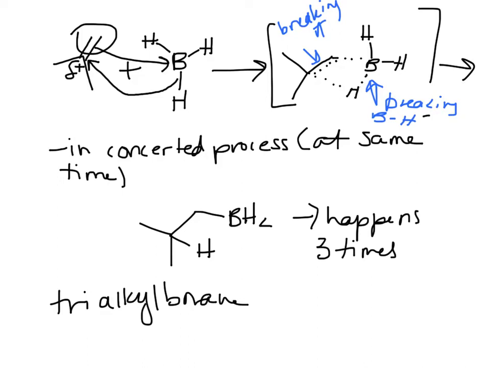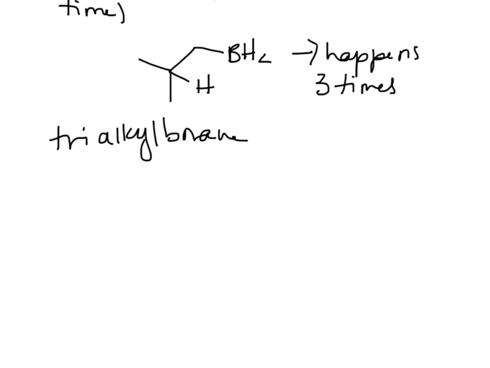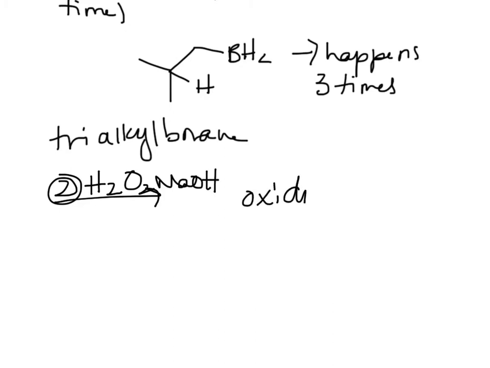And then in the second step, we can add peroxide in NaOH and oxidize so that the B becomes OH.